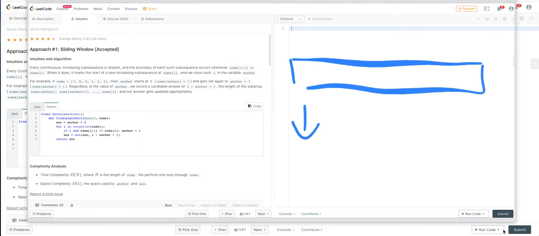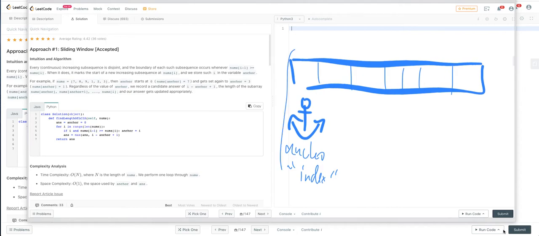Literally, think of a little, I'm going to do my best at drawing an anchor. Think of that happening. Literally, you have this array, and you're saying, I'm going to use this anchor, basically an index, as my positioning thing. And then I'm going to start looping, and that's the i that's getting incremented.